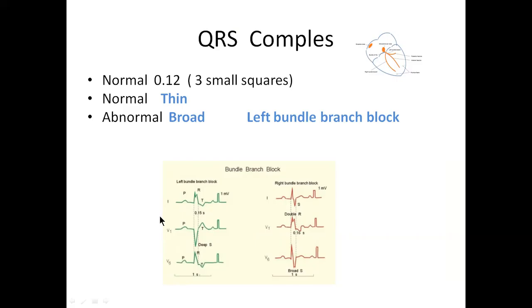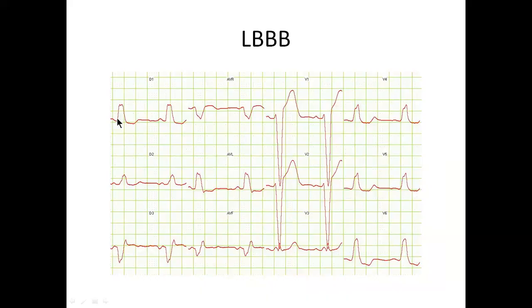Let's look at a real EKG. See this? It's broad and tall. So this is lead 1 and this is V6, and you can see the same pattern.